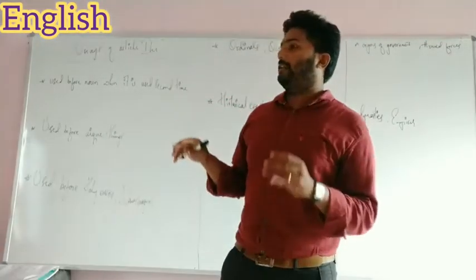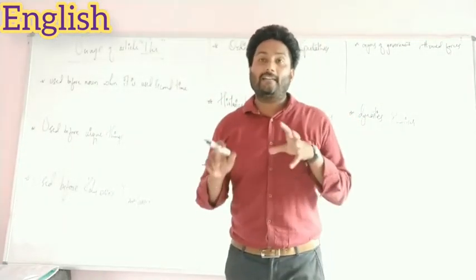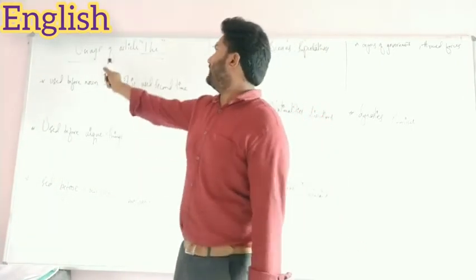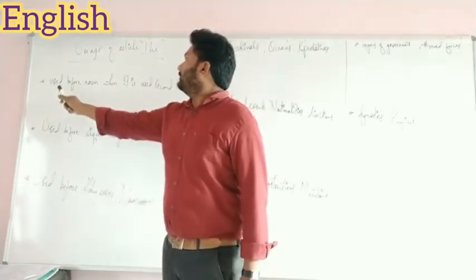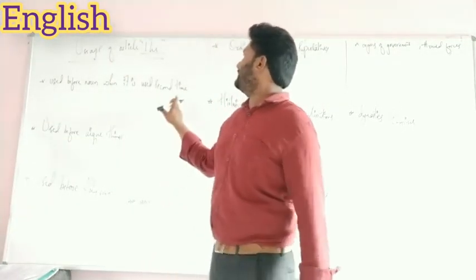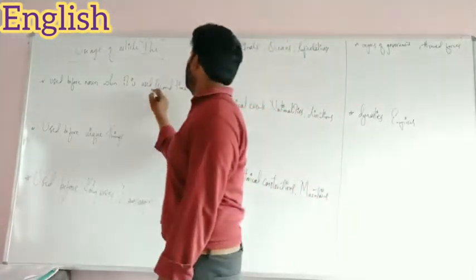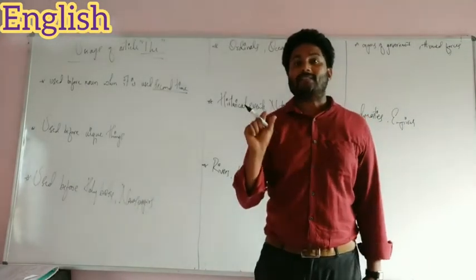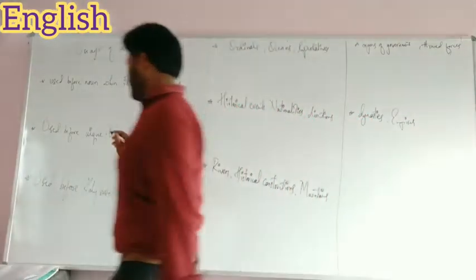How the article the is used, let's go through it. See the usage of article the. The article is used before a noun when it is used the second time. See, this is the article, but it is used when it is the second time. See, let's see the example.